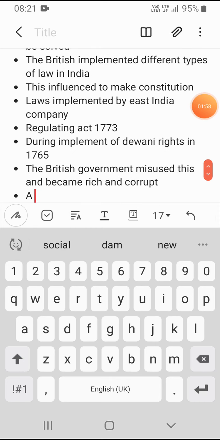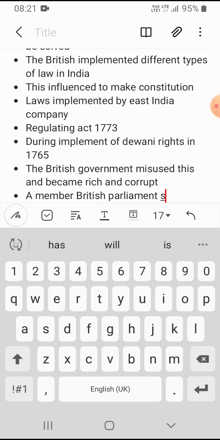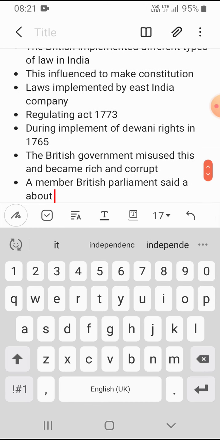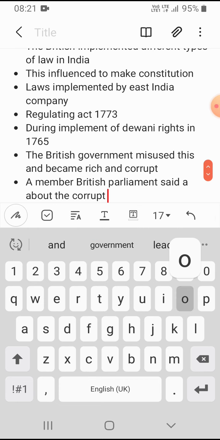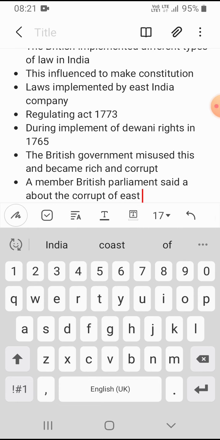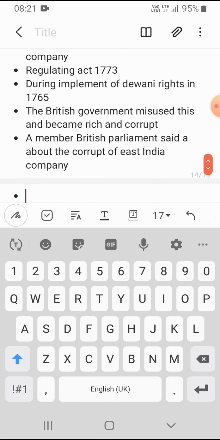So after that, a member of British Parliament spoke about the corruption of the East India Company.